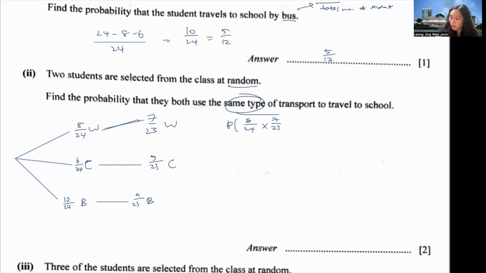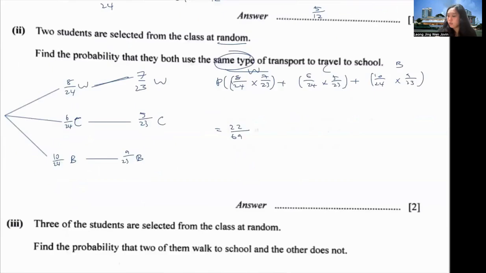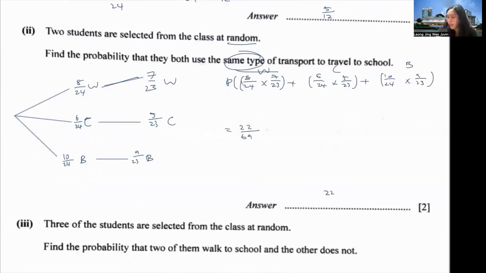So this is my walk, plus 6 over 24 multiplied by 5 over 23, this is my cycle, plus my 10 over 24 multiplied by 9 over 23, this is my bus. Okay, so key all this string of numbers into your calculator. Final answer you will get is 22 over 69. You can leave your answer in fraction, it's fine as well. 22 over 69.